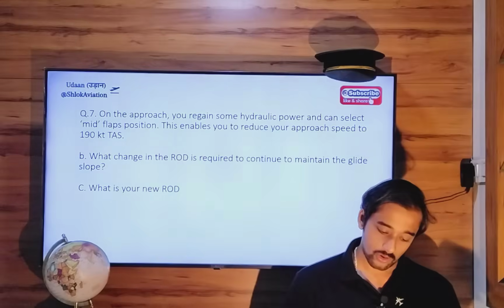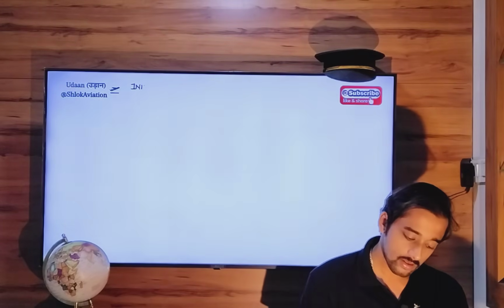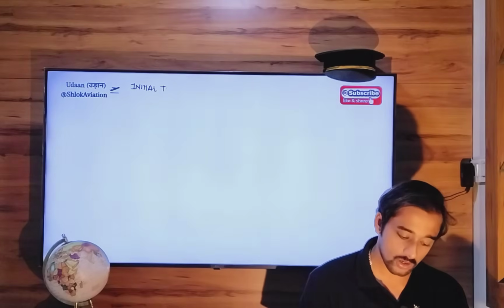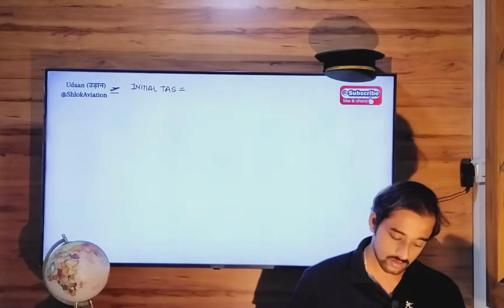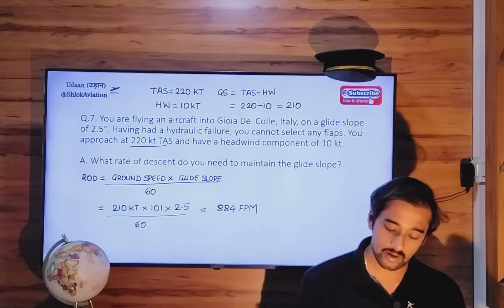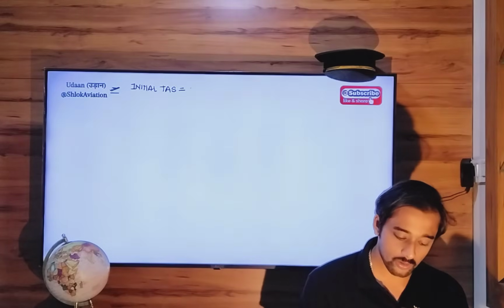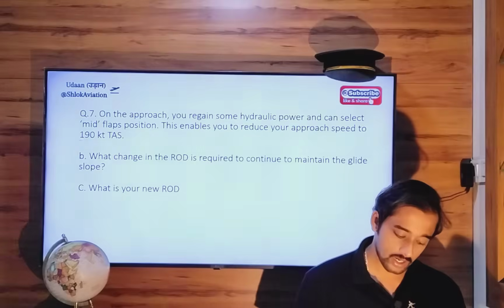Okay, so let's write here. Initially, TAS was equal to 220 knots and a headwind of 10 knots. Now your TAS is 190 knots.